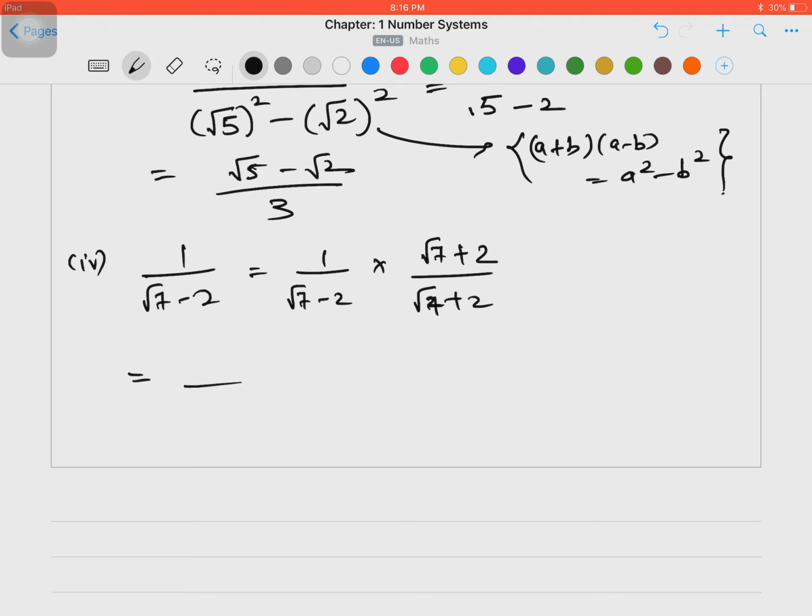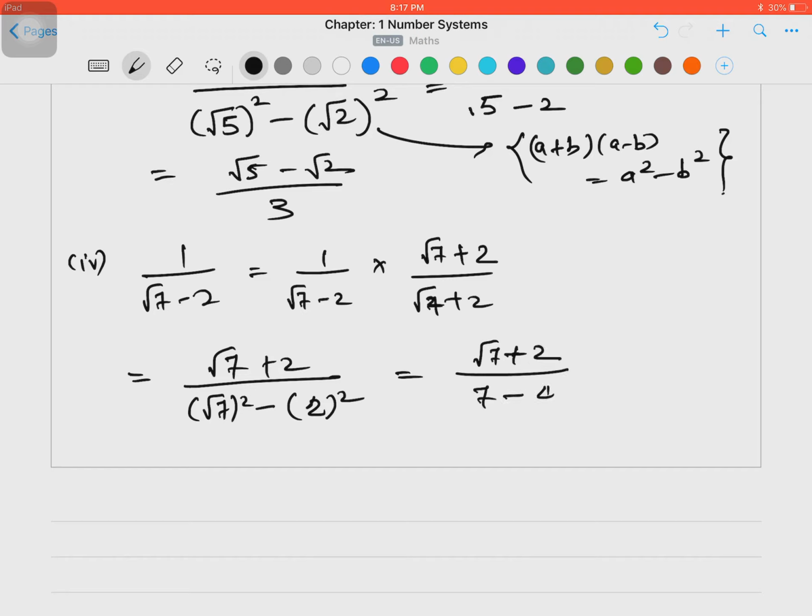Again using that identity, on the downward side we have a square, that is root 7 square, minus b square, which is 2 square. On the upper side we'll have root 7 plus 2. So the result is root 7 plus 2 divided by root 7 square is 7 minus 2 square is 4. So the result is root 7 plus 2 divided by 3.